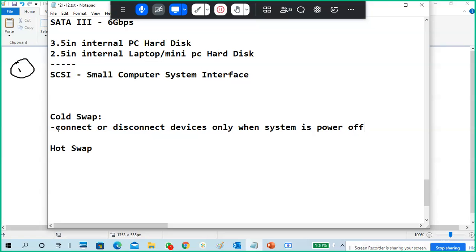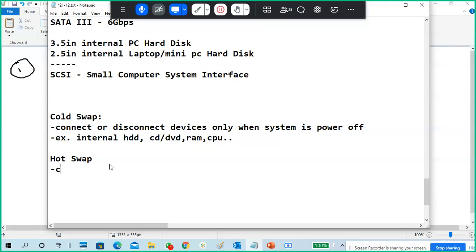So you have to shut down your computer, then only you can connect a device or disconnect a device. Examples: internal hard disk, or maybe a CD-ROM or DVD, RAM, CPU, like this. These are the examples of cold swappable devices in a system.